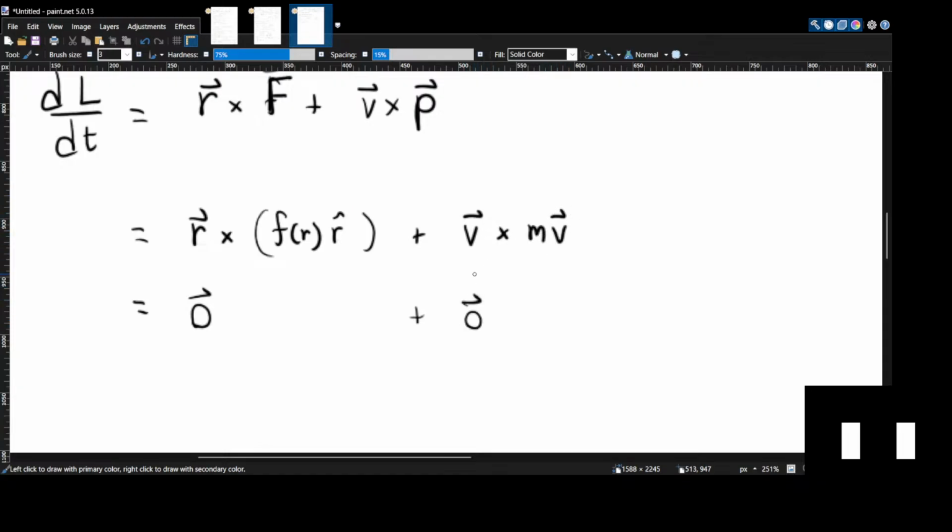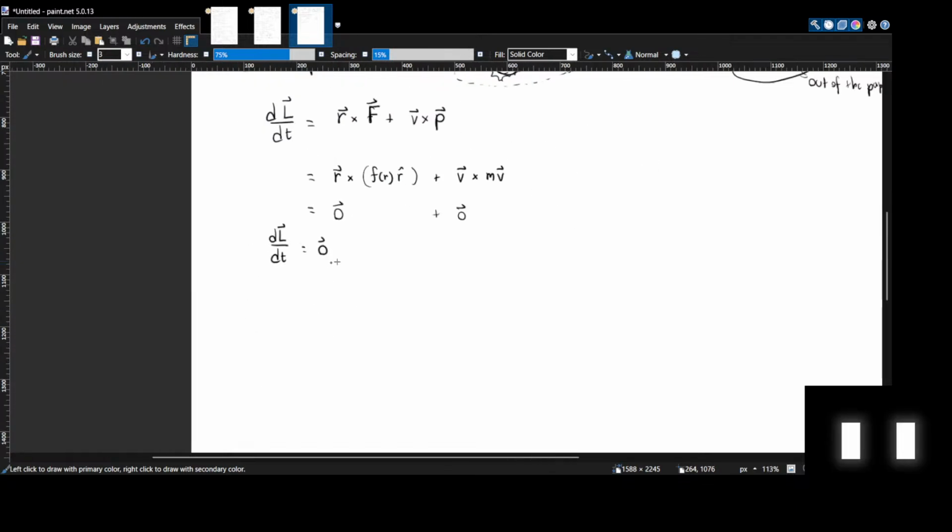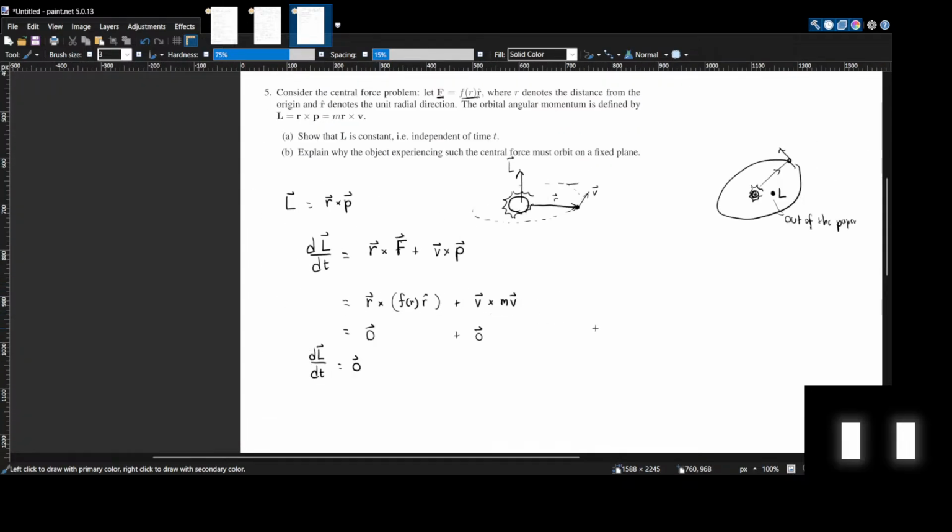Therefore, it is going to result in a 0 vector. Therefore, dL by dt is 0, which means that the angular momentum of the system is going to be constant. That is, in this system, angular momentum is conserved.